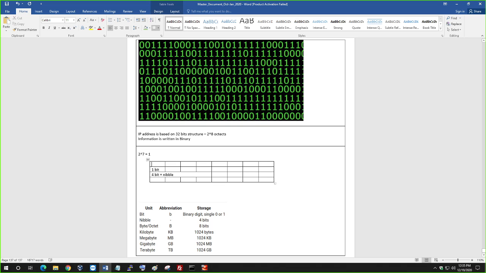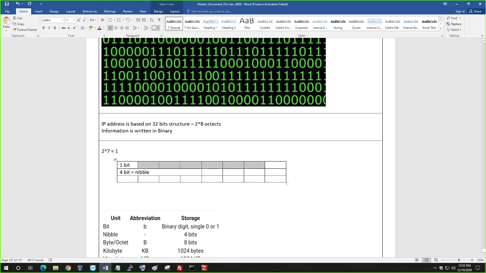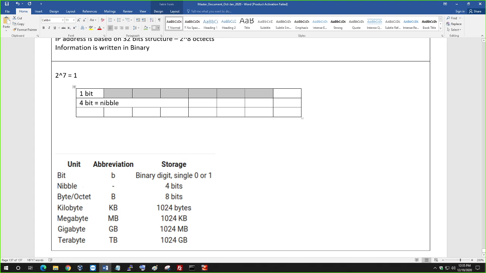Out of 8, 1 is 1 bit. And if you have 4 in there, let me delete this part here. Is it possible to make the screen a little bit bigger, the text? Yeah. Does it look good? Oh, very good. Okay.